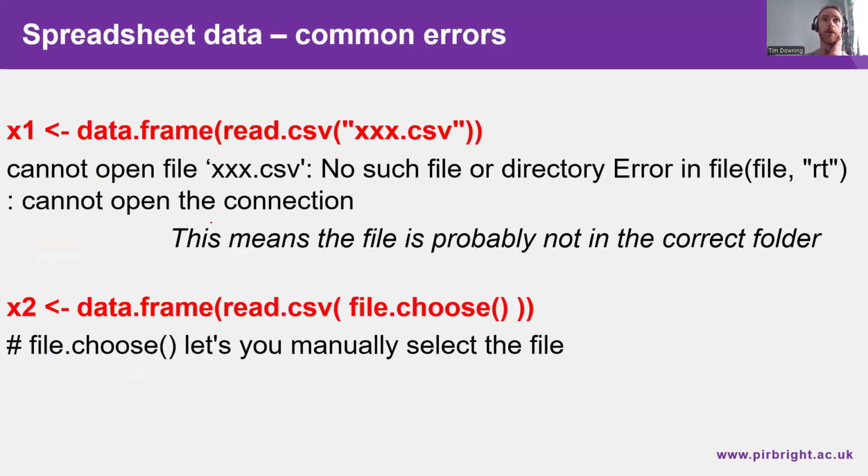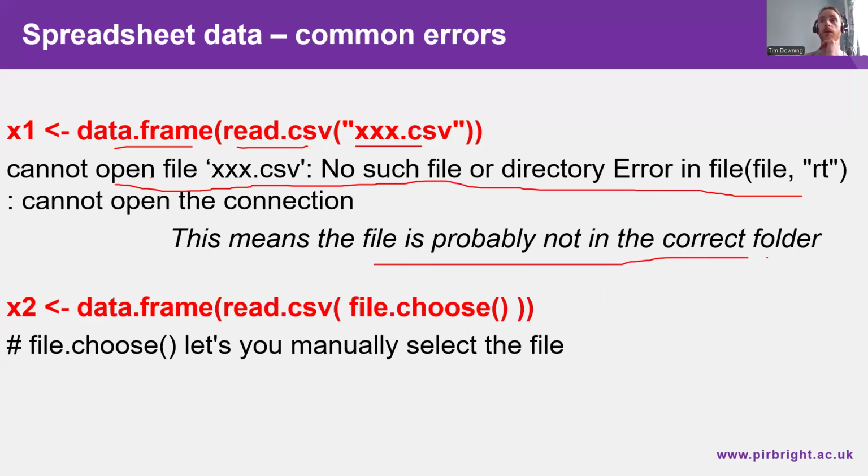You may come across errors, and that can happen. So here we have the read.csv function and the file here, and then the data frame function wrapped around it. If you get this error message saying cannot open file, no such file or directory, error in file, cannot open the connection, this probably means you're not in the right folder. And we'll look at that in the practical as well.